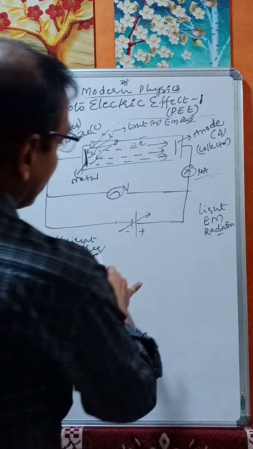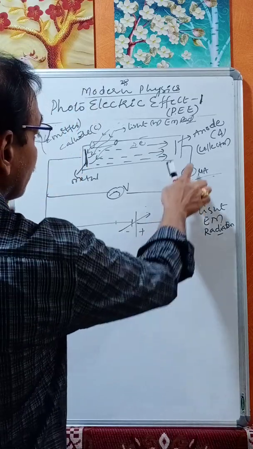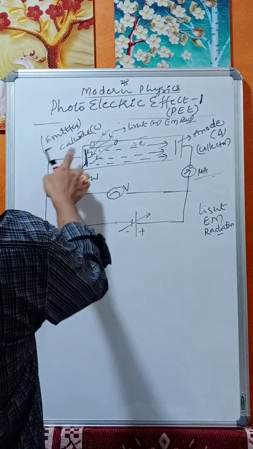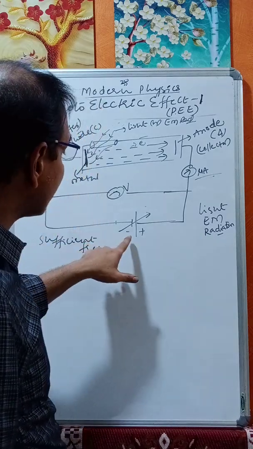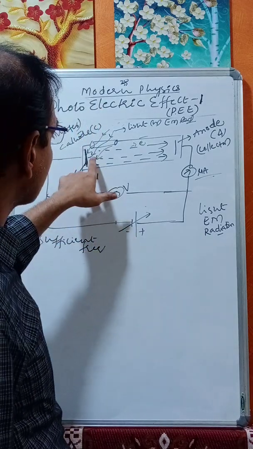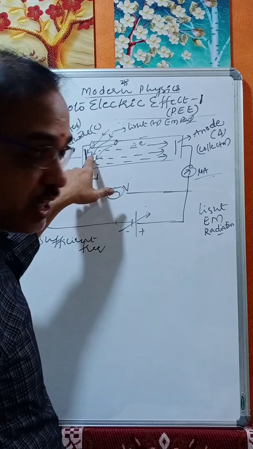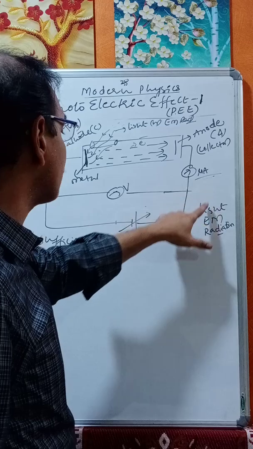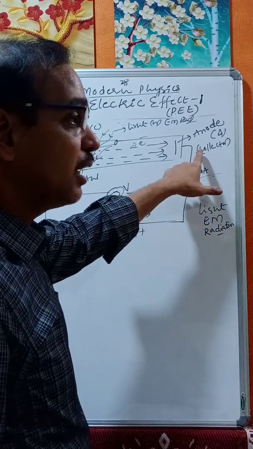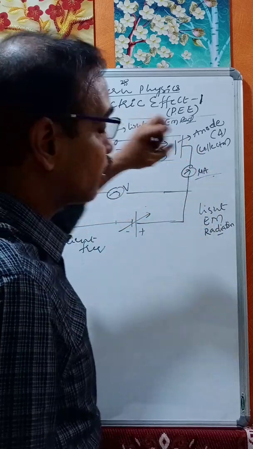Here, if you observe, I have taken positive to the collector and negative to the metal. Therefore, electrons released here are repelled by this negative polarity and then attracted by the positive polarity given to the collector, and are reaching towards the collector.